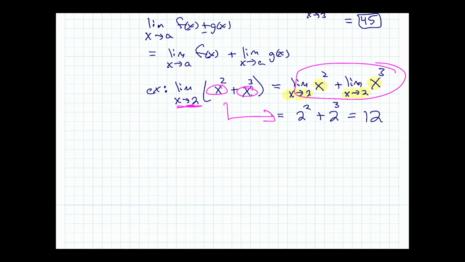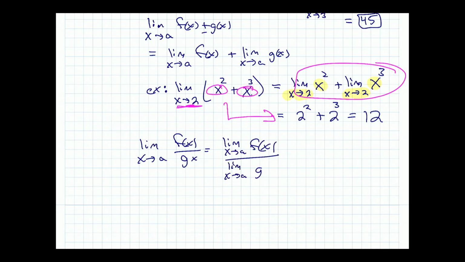And I believe we also had the rules for multiplication and division as well, right? The limit as x goes to a of f over g is the limit as x goes to a of f over the limit as x goes to a of g.